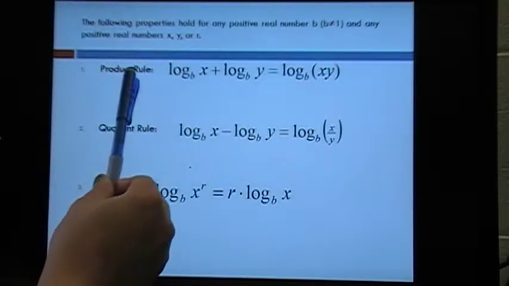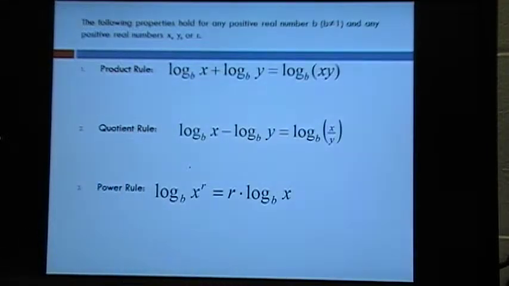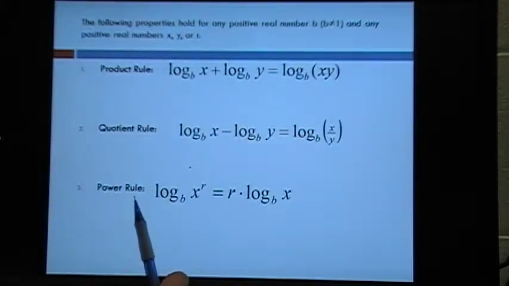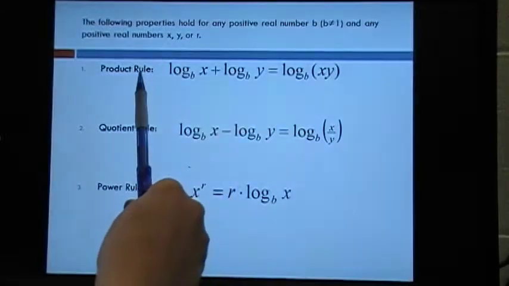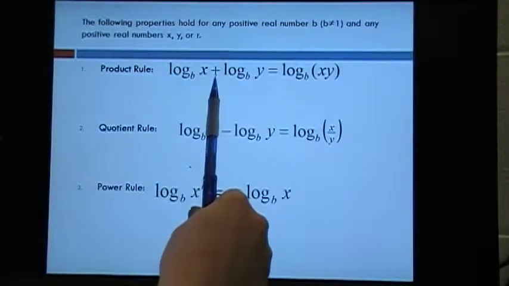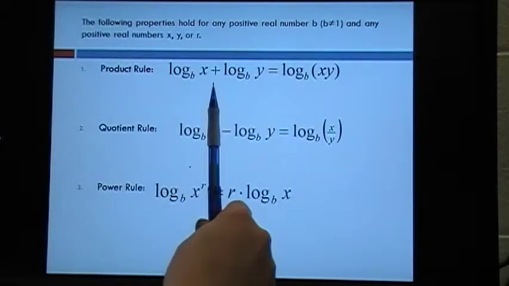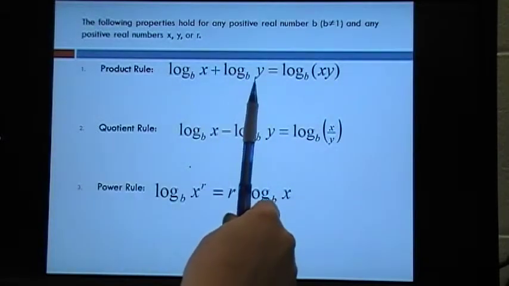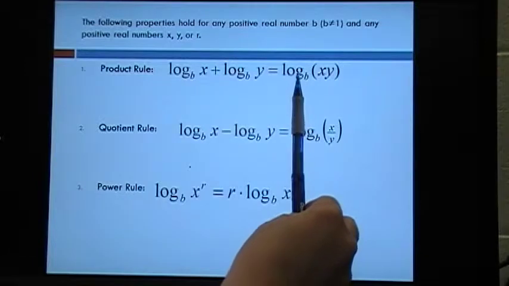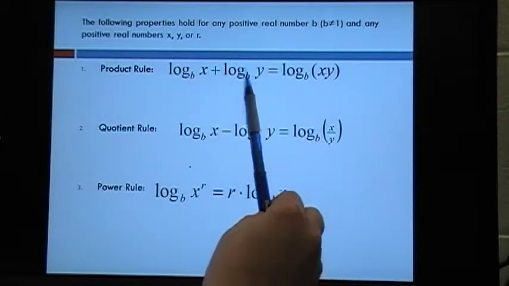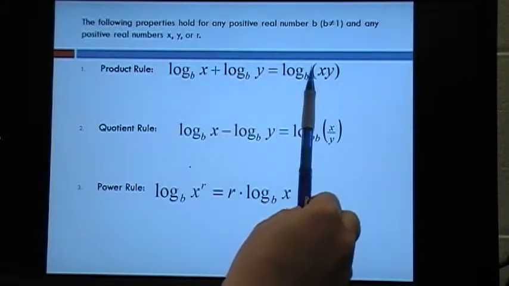Three of the most, I would say, prominent properties that you would need to know involving logarithms are the product rule, the quotient rule, and the power rule. The product rule says that if you are adding two logs of the same base, that this sum will be the same as if you have a log of the same base with those arguments multiplied.